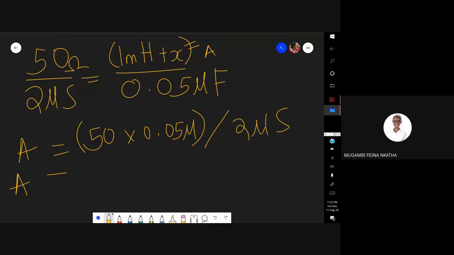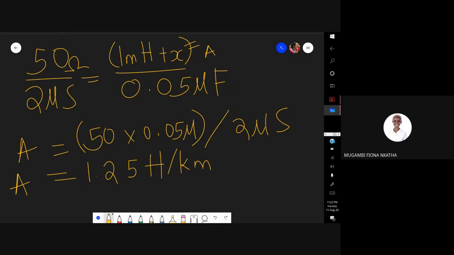When you punch that in, you find that it is equal to 1.25 henry per kilometer.